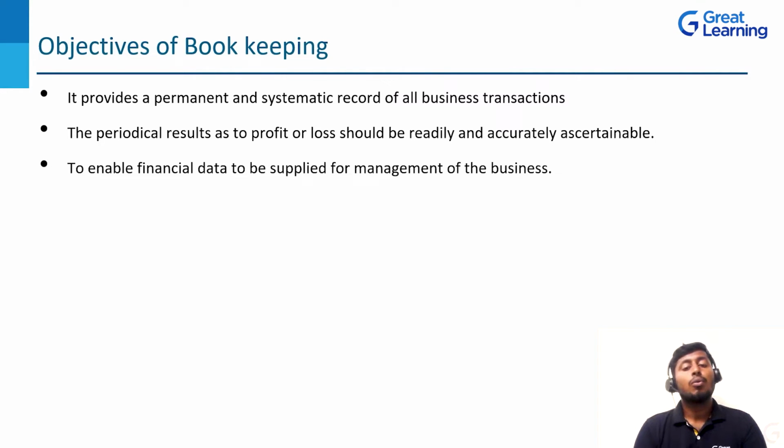Whatever journal entries or ledger accounts we prepare, we prepare monthly, quarterly or yearly. But bookkeeping transactions we record from day one of the company till the date of closure. Till that time we are going to record all the transactions.